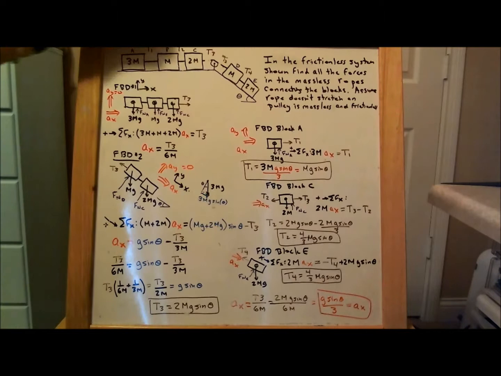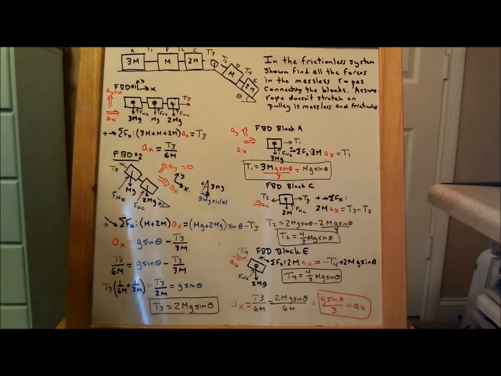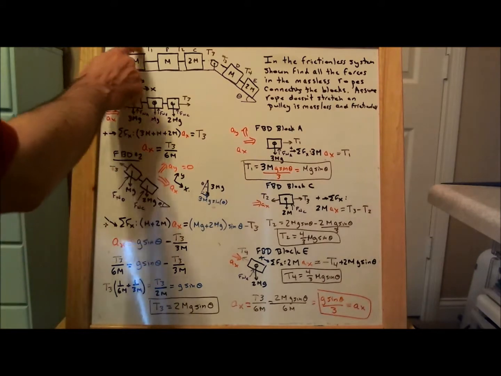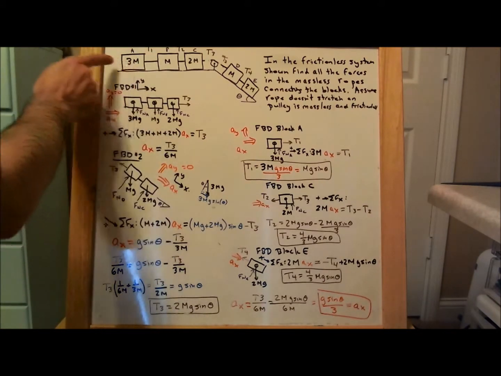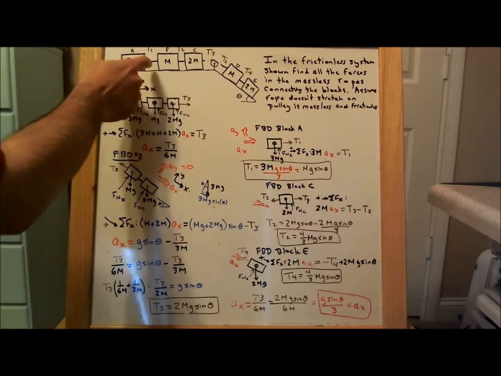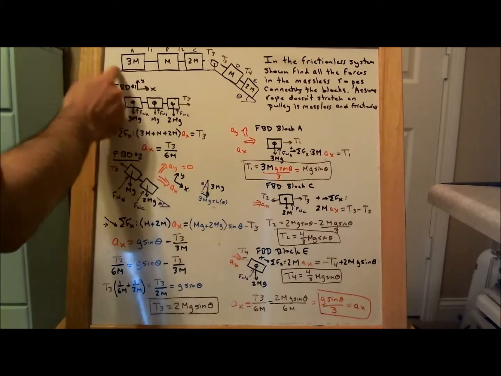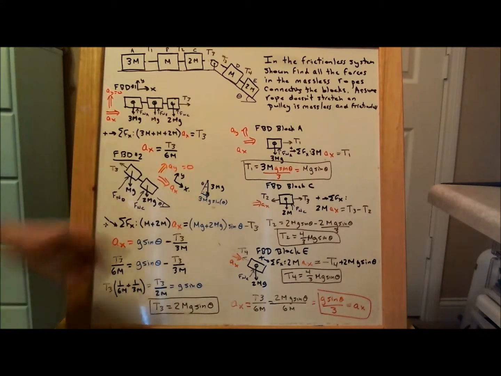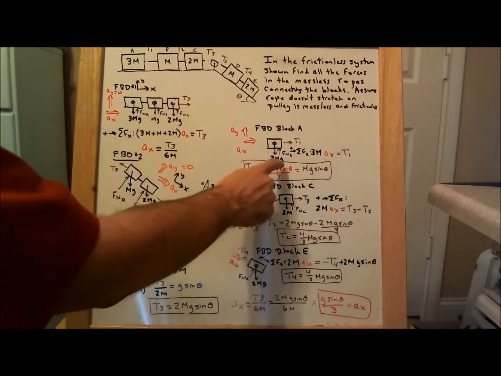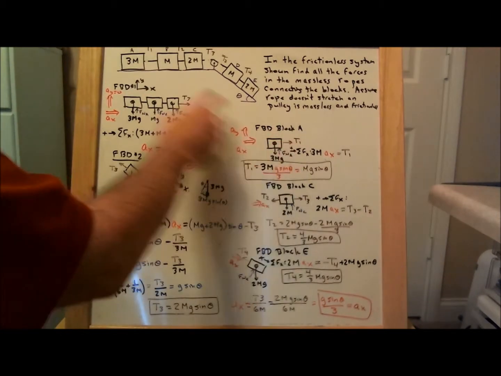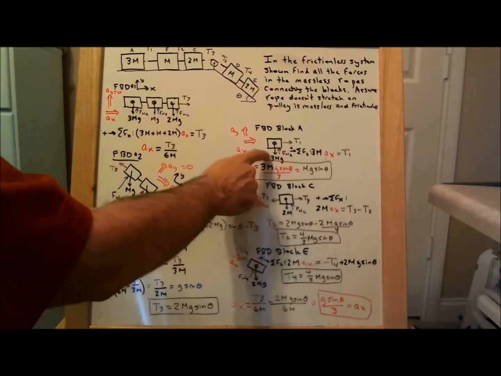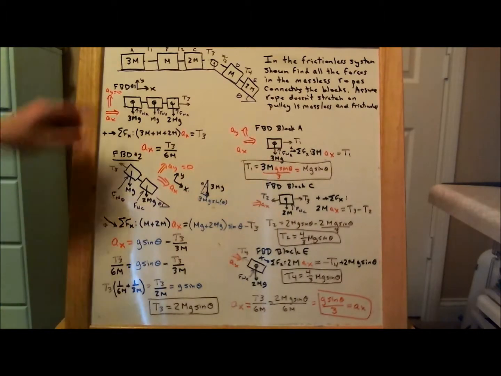Since I have acceleration, we can start tackling them. It's often easier if I think about this block right here. I know its acceleration. There's only one other force acting, so this might be a good system to look at to try to find T1. So if I do a free body diagram of block number 1, I get my forces acting on it: T1 is my unknown, and normal and gravitational forces.